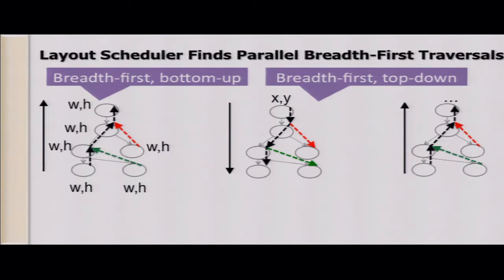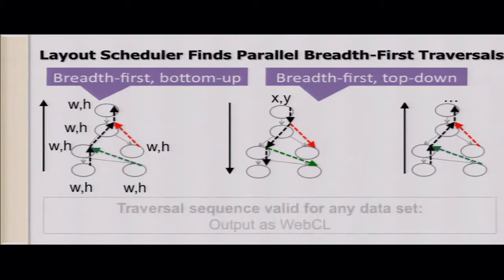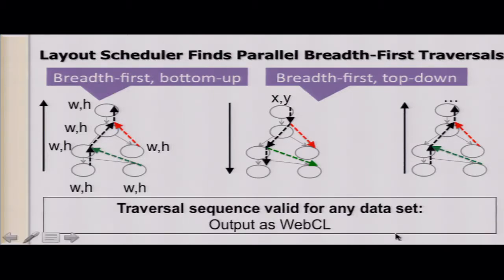But the programmer, the person who originally wrote that specification of their layout, doesn't have to be cognizant of any of these, because this is what the compiler will actually give you. It will figure out that the first traversal should be a breadth-first bottom-up, and the second should be a breadth-first top-down, and what you can solve in each of those, and so on and so forth. And we output that as WebCL kernels.